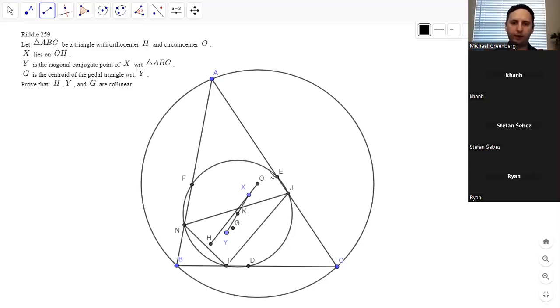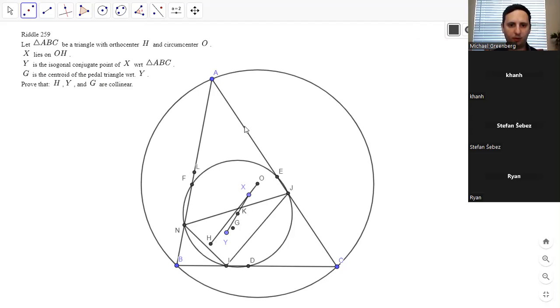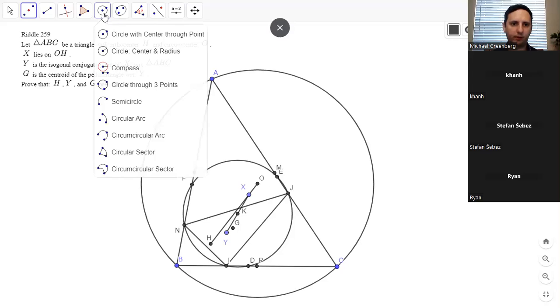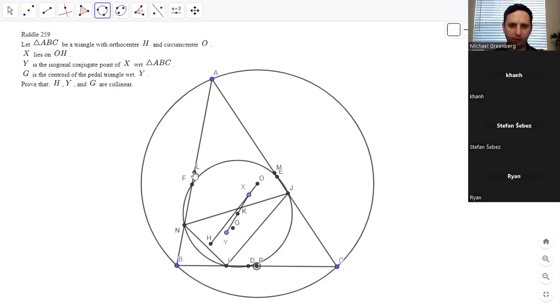And same with F and N and same with E and J. So it's probably worth drawing the 9-point circle. So I'll do that. Although it might be close to these points. So yeah, if we draw the 9-point circle, we get a symmetry, if we draw these other points.